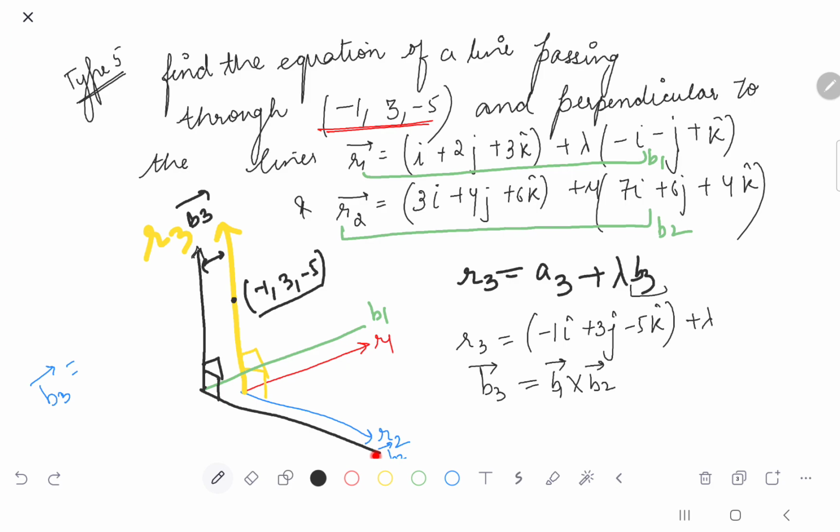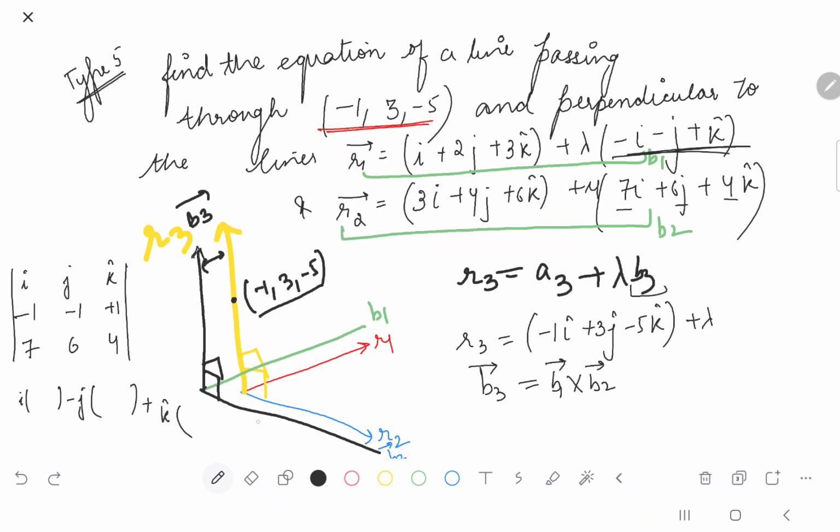So what do you think from here? Tell me. How do I calculate B3? Just crisscross, you get the value of B3 here. So you write down I cap, J cap, and K cap. B1 vector I have is minus 1, minus 1, 1. 7, 6, and 4 is B2. And simply, how do you calculate this? It is going to be I into something minus j into something plus k into something. So you cancel this, you get minus 4 minus 6. What do you get in here?